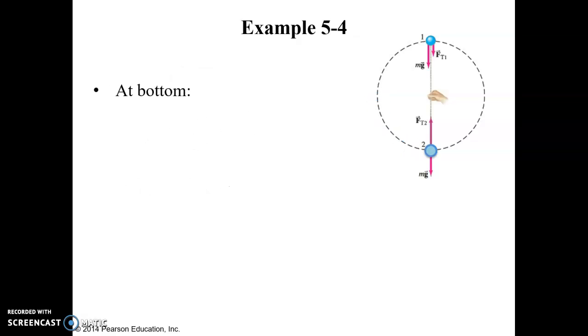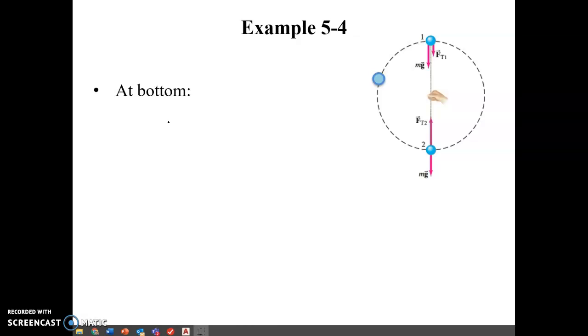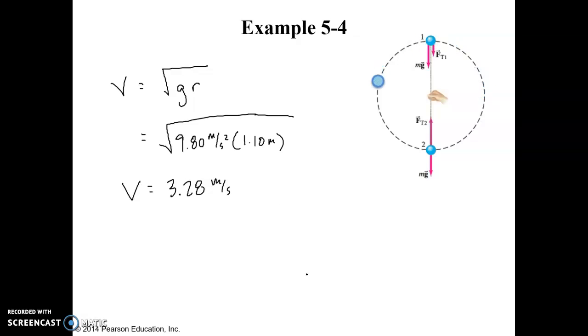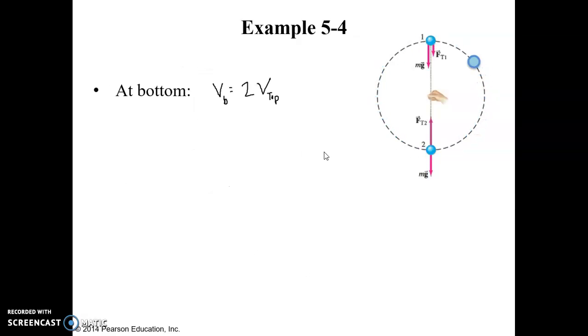Now let's consider the bottom. Okay, so the problem statement here tells us to consider at the bottom, for some reason, that the velocity at the bottom is equal to 2 times the minimum velocity, which was the velocity at the top. So if I go back here and look at what we found, 3.28.